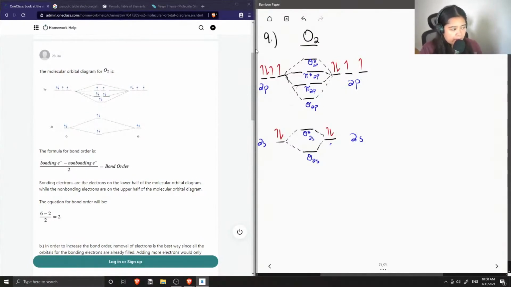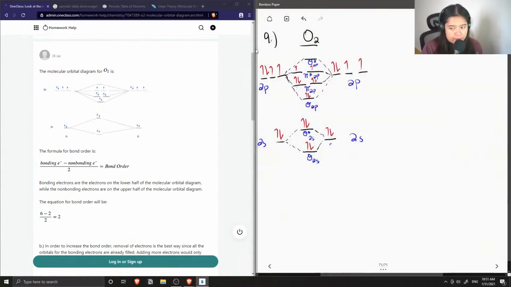And in the middle, we can show how they bond together. So these 4 electrons can fit in here. And now we have the remaining 8 electrons to fit in the middle right here: 1, 2, 3, 4, 5, 6, 7, 8.